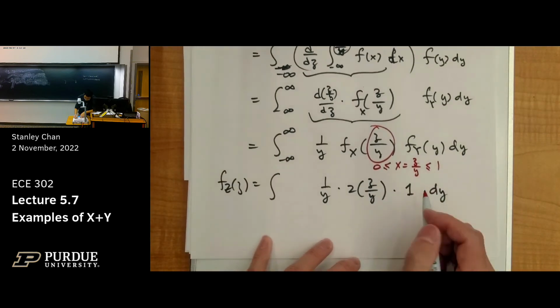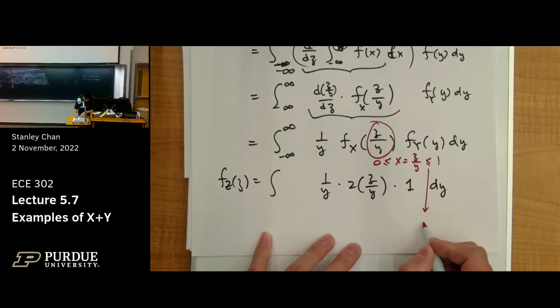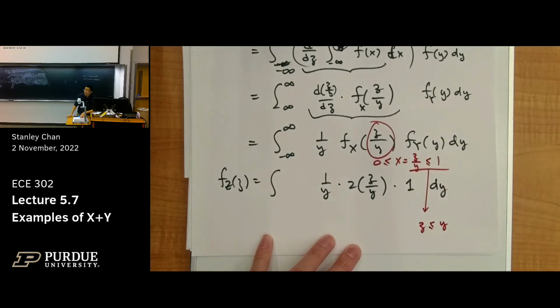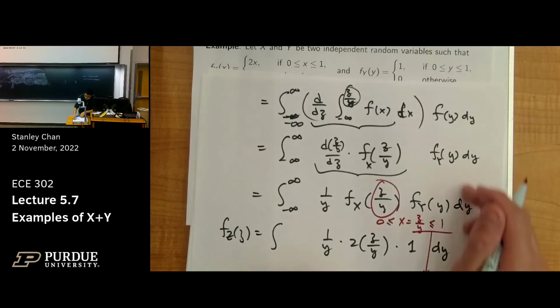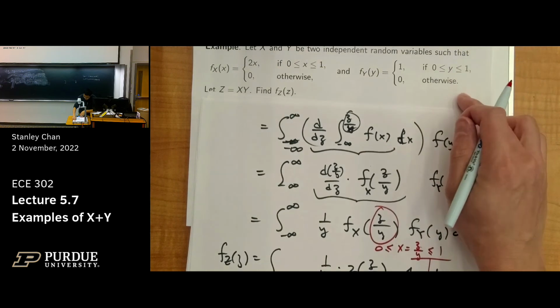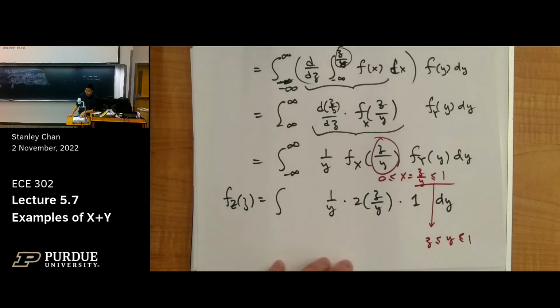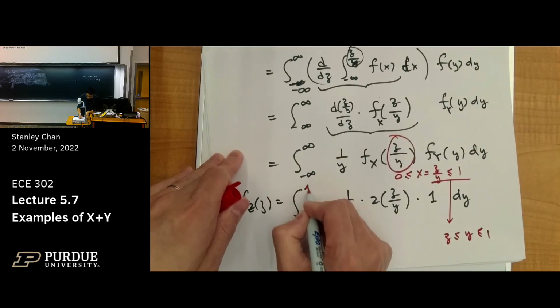In other words, I can write it as z less than y for this half. Okay, z is less than y for this half. And I also know that y is less than 1. So the range that I should put in for this y will be from z to 1.